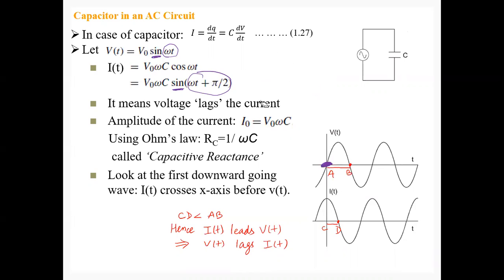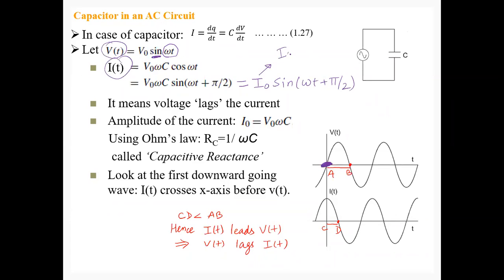Okay. Now I'm going to discuss here. So if the voltage is sinusoidal, the current is also sinusoidal. I can rewrite this guy as this: I0 sine omega t plus pi over 2. What is my I0?